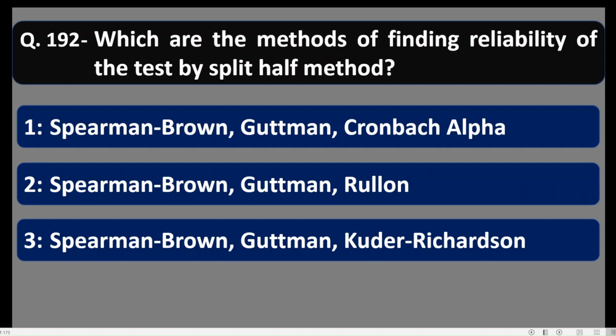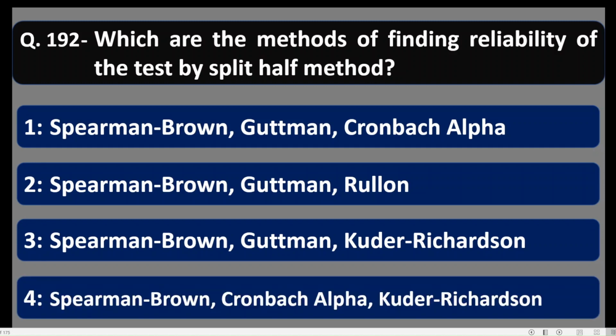Third, Spearman Brown, Guttman, Kuder Richardson. Kuder Richardson is not a split half method. And Spearman Brown, Cronbach alpha, and Kuder Richardson, number 4, is also incorrect. Option number 2 is correct. Spearman Brown, Guttman, and Rulon are such methods in which the reliability is found by split half method.